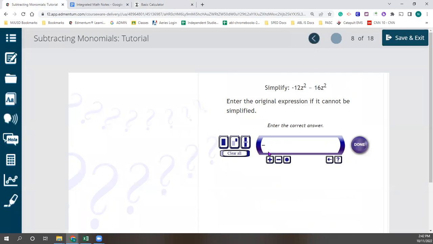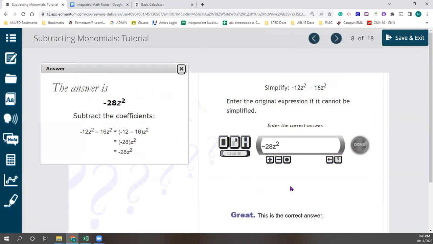So negative 28, and then it's the variable z. Now I got to get that square or exponent up there, and done. Negative 12 minus 16 is negative 28.